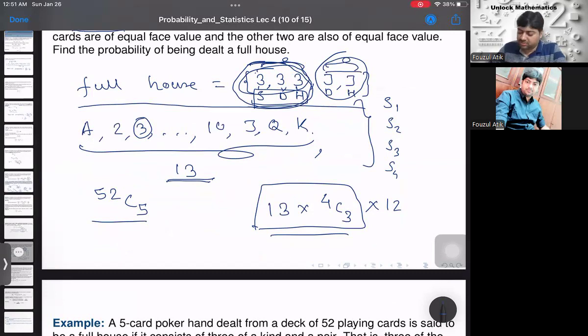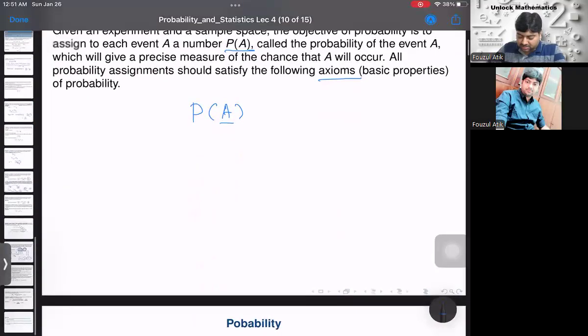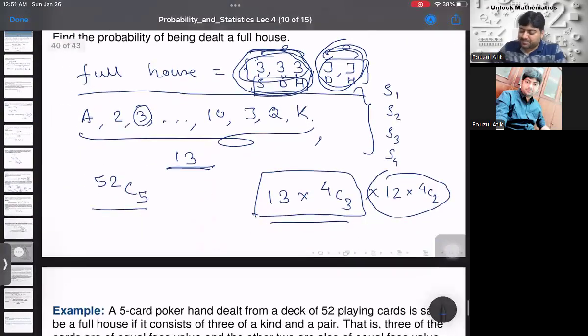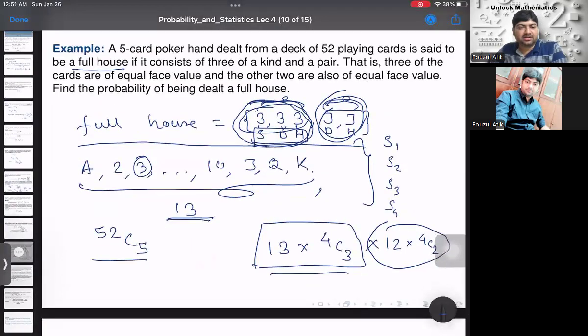How many ways? It is 4C2 ways. So the second portion you can fill with 12 into 4C2 ways. And therefore, by the basic principle of counting, you can have 13 into 4C3 into 12 into 4C2 different kinds of full house.